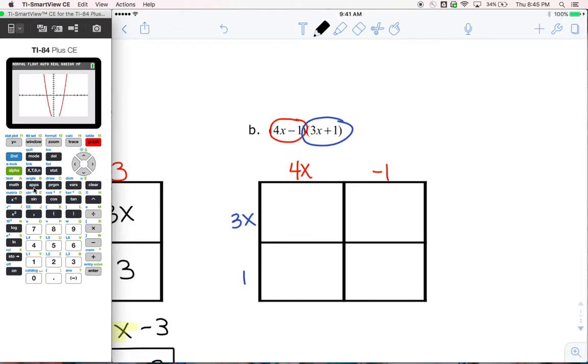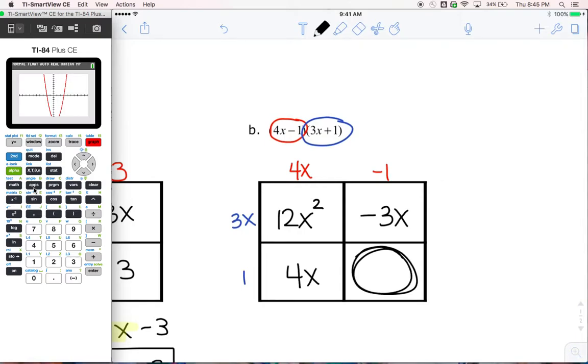When I multiply those, I get 12x squared. This box will be the product of negative 1 and 3x, so negative 1 times 3x is a negative 3x. In this box, I've got 4x times 1, which is just 4x.